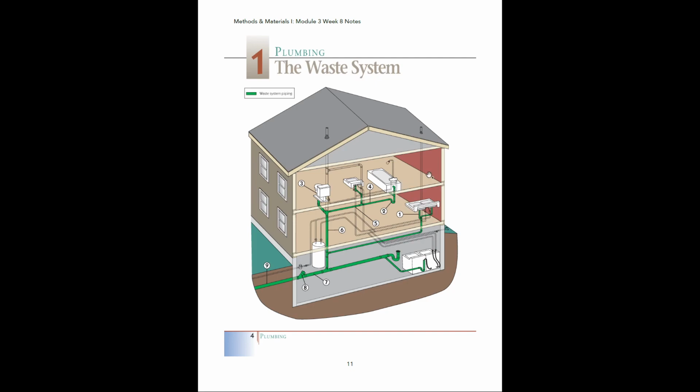All right, so here is the waste system in the entire house for context. So again, number 6 here is our soil stack, and this is where all of the drain lines are feeding into. So this is our main point within the house where everything is going to be exiting, okay? We also have the soil stack that will feed into this pipe that's underground.